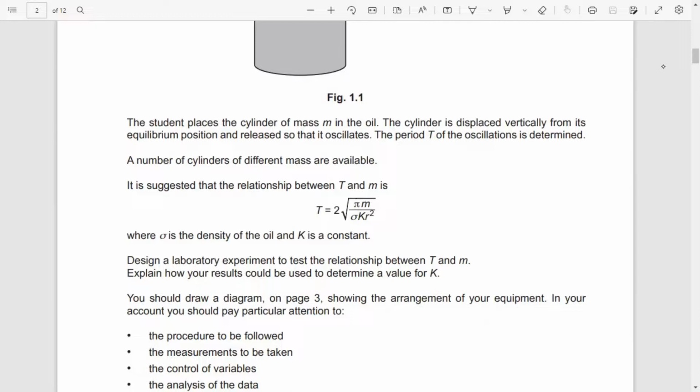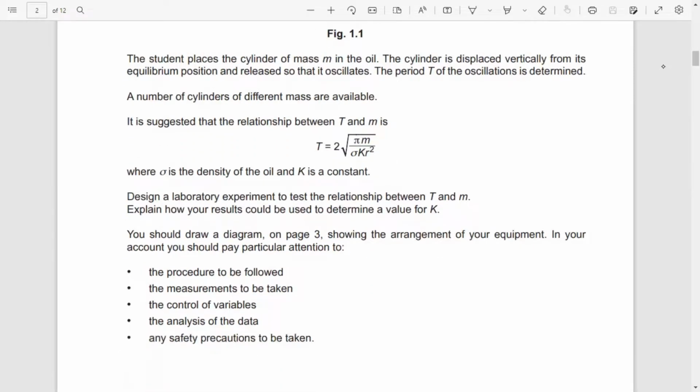So they have asked you to design and use T and M, right? These two variables, T and M, are very important. Your entire question is based on these two. Explain how your results could be used to determine a value for K. And then you'll figure out how you can use the results to find the value of K. You should draw a diagram on page 3 showing the arrangement of your equipment.